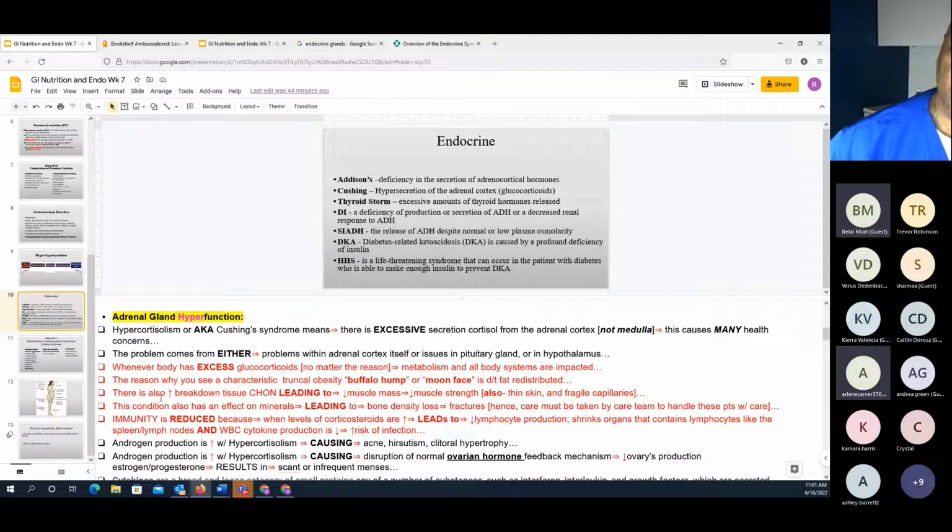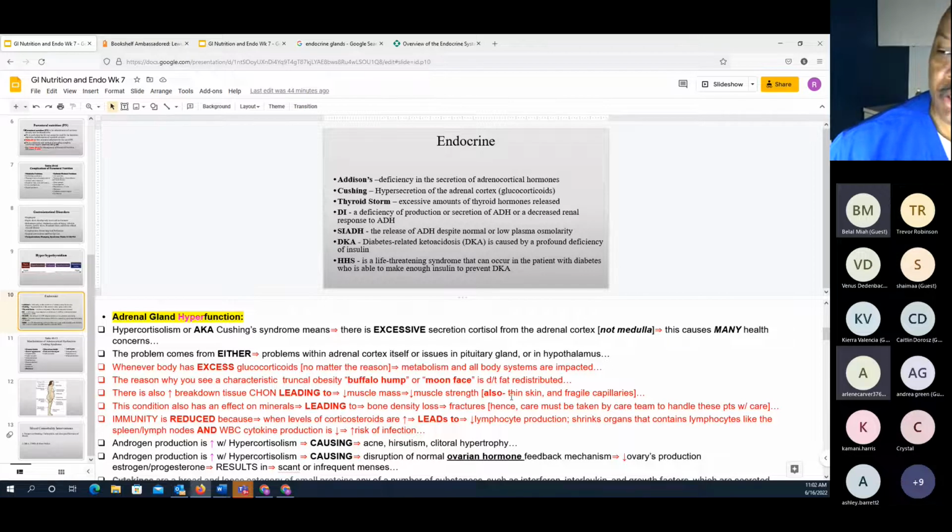There's also an increased breakdown of protein. Our proteins are broken down by this increased production of steroid hormones. So if proteins are broken down, what is it going to lead to? Decrease in muscle mass. And then if there's a decrease in muscle mass, these patients are going to be weaker, right? Decreased muscle strength.